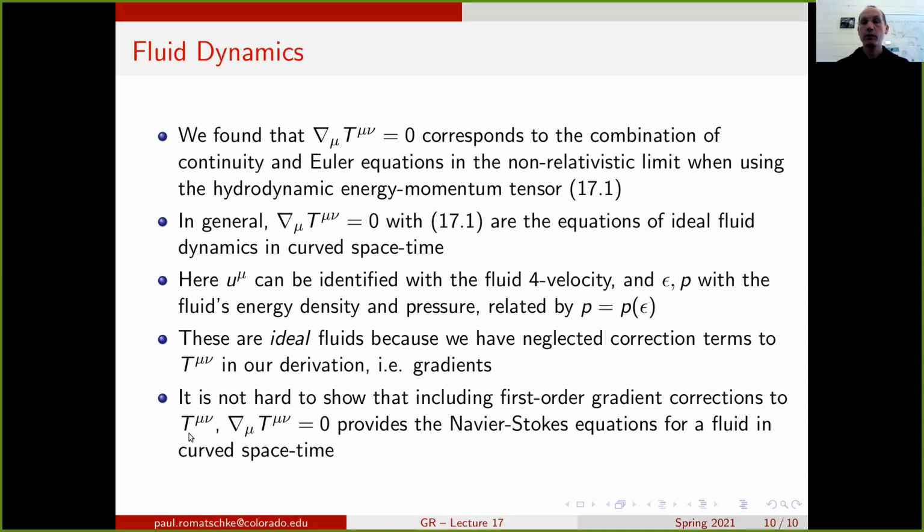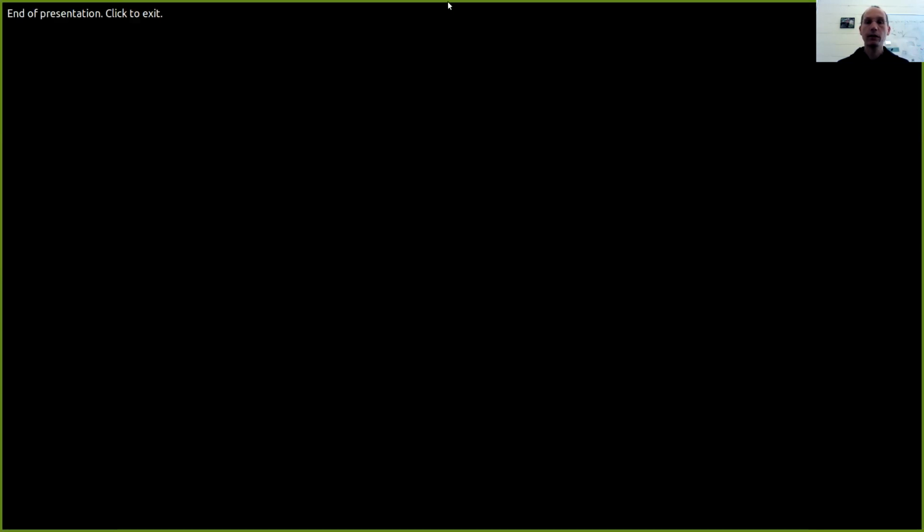The resulting expression will then differ from 17.1 and have additional terms. And one can check that then the conservation equation ∇_μ T^μν = 0 for this energy momentum tensor that is corrected provides the equations of Navier-Stokes for a fluid in curved spacetime. So that is how you sort of get non-ideal fluids in the process. And that concludes the present lecture.